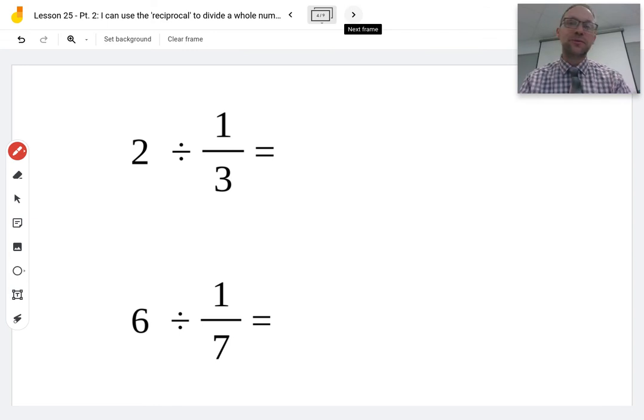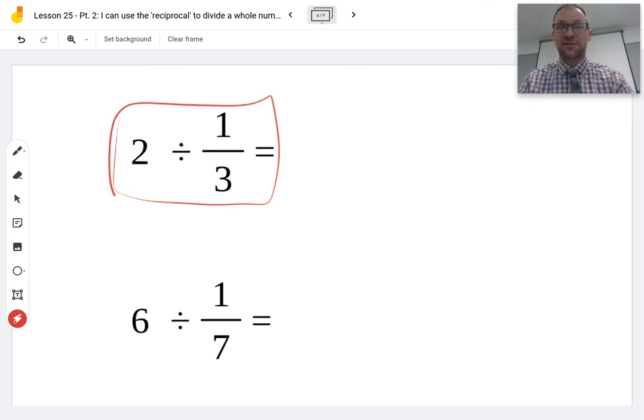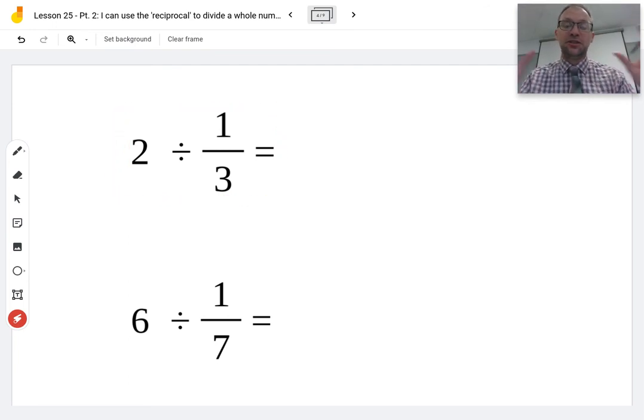Here we have 2 more problems without bars. And this is the kind of practice work we're going to do today. So if you can do this, then you're ready to go. Let's take a look at this first problem. 2 divided by 1/3. Now, let's visualize 2 whole bars. If each of those whole bars has 3 pieces, because thirds tell us to break up each bar into 3 pieces, how many groups of 1/3 will there be in 2 whole bars?